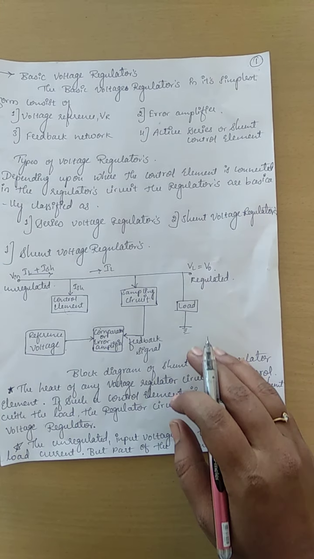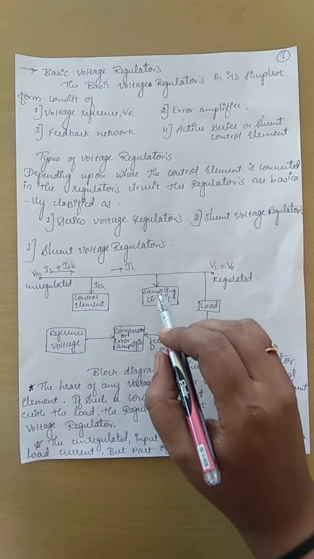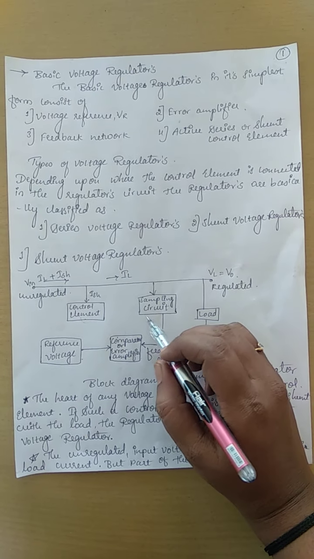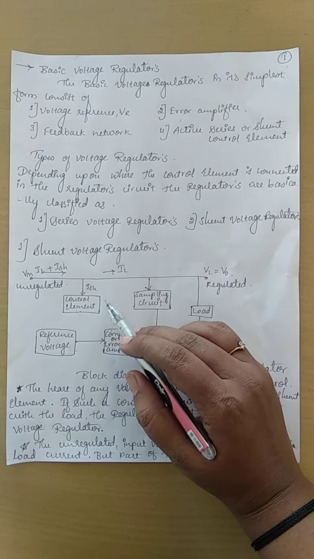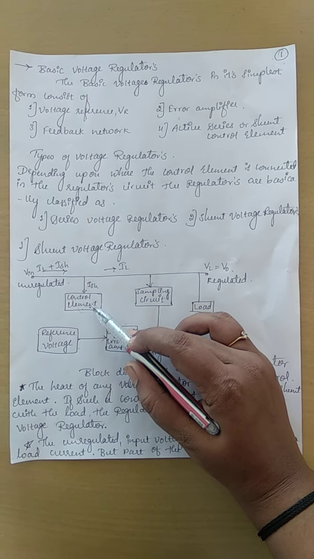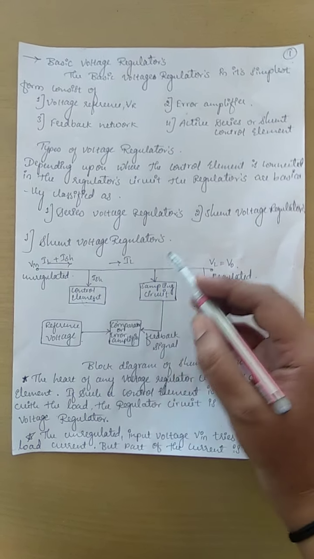The unregulated input voltage Vin tries to provide the load current, but part of the current is drawn by the control element to maintain a constant voltage across the load.